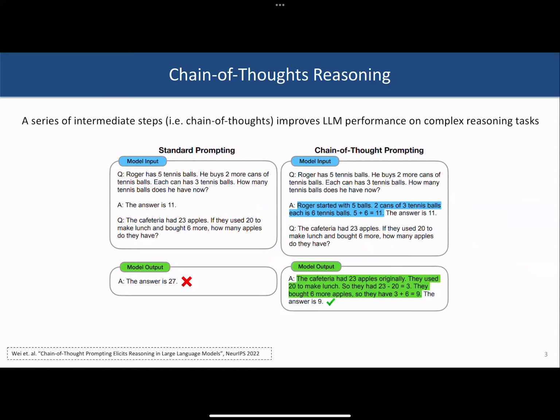One of the famous ones is chain of thought prompting, where the idea here was when you're providing the examples in your prompt, tell the model how you arrived at the solution. So here, instead of just saying that for this question, the answer is 11, what if you actually provide the reasoning? And the LLM could then mimic this behavior and arrive at the right answer.